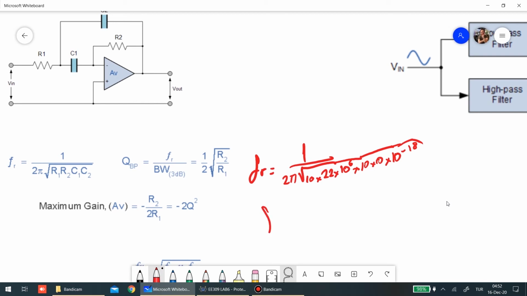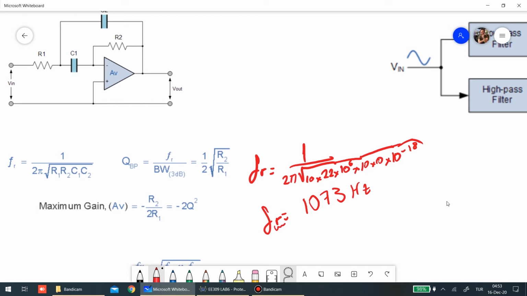We have 1073 Hertz. This is our resonant frequency for bandpass filters.